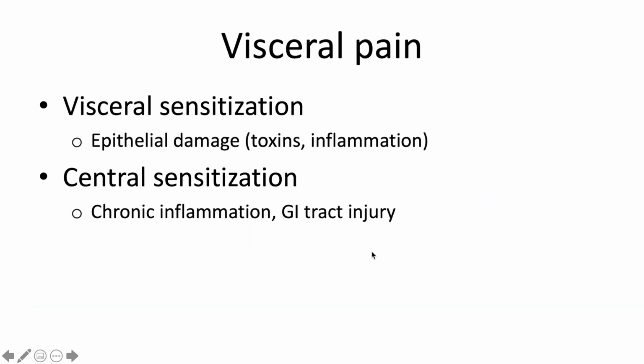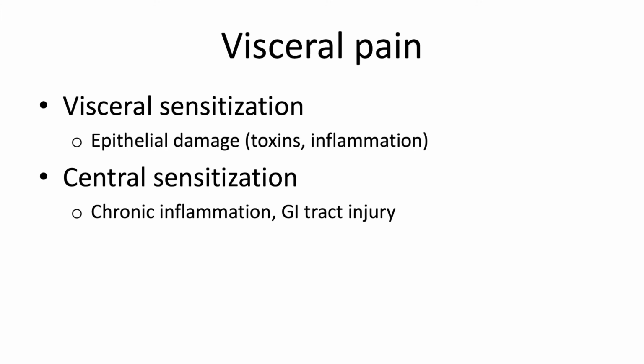However, in the pathological condition, this balance can be disrupted by either visceral or central sensitization. In the first case, sensitization originates in the gut and can result from epithelial damage by toxins, antigens, or inflammation that excessively activate these pain receptors. In the second case, sensitization can also occur in the central nervous system, which is characteristic of chronic inflammation or injury in the GI tract.